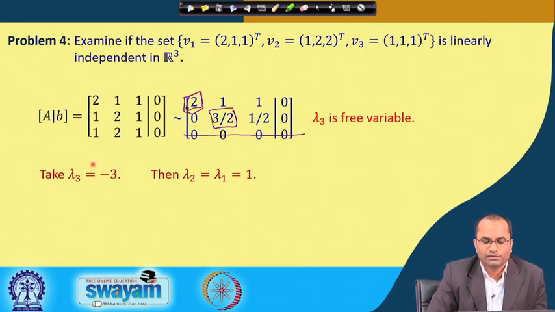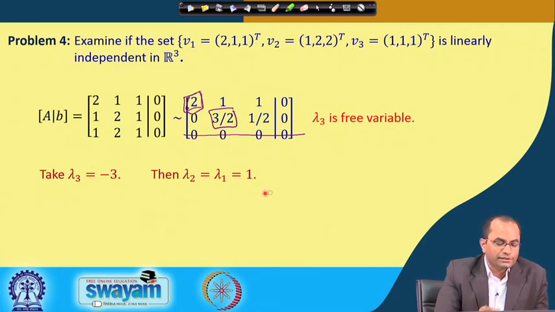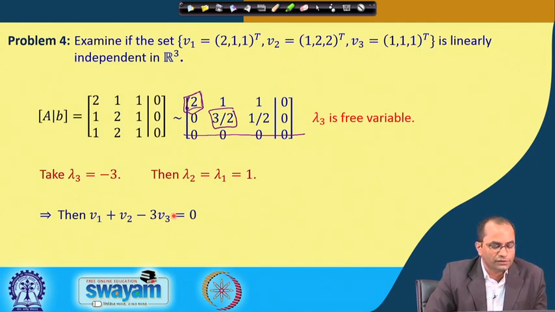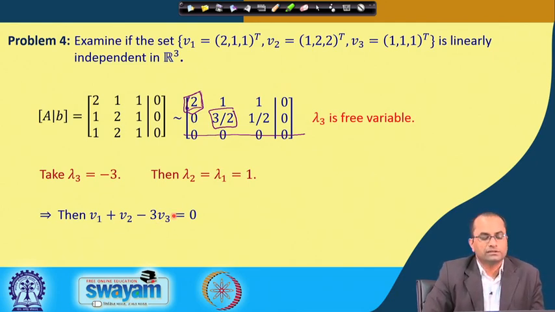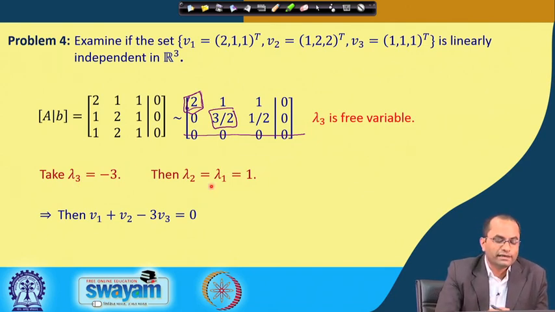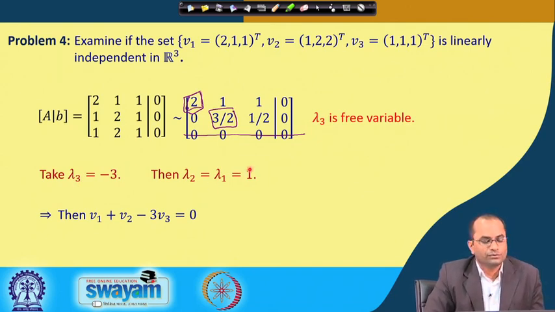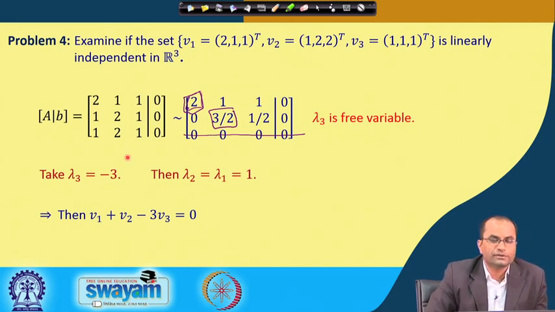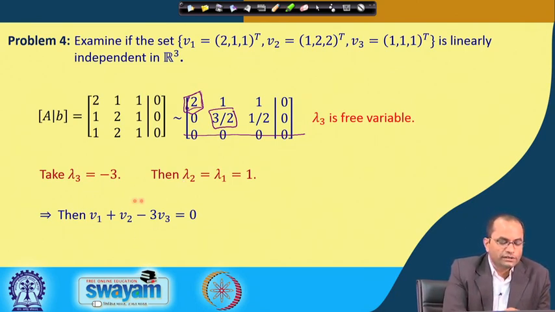With this combination we get, for instance, v 1 plus v 2 minus 3 times v 3 is equal to 0, and there can be many possibilities. If we choose lambda 3 as 1, we will get different lambda 1 and lambda 2. So, this is definitely not a unique representation.